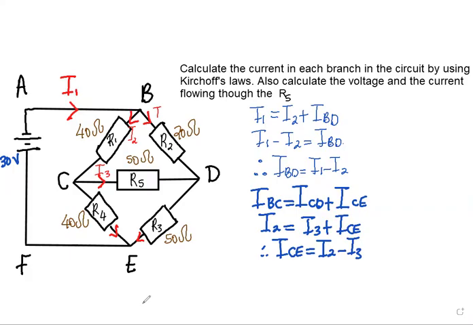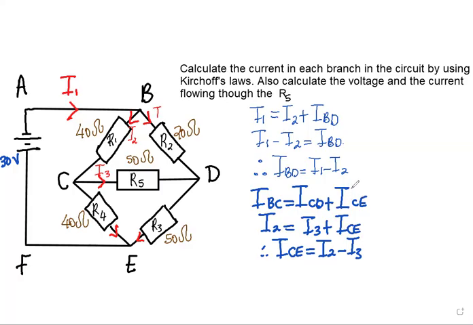After having that, we can now calculate the current through DE.